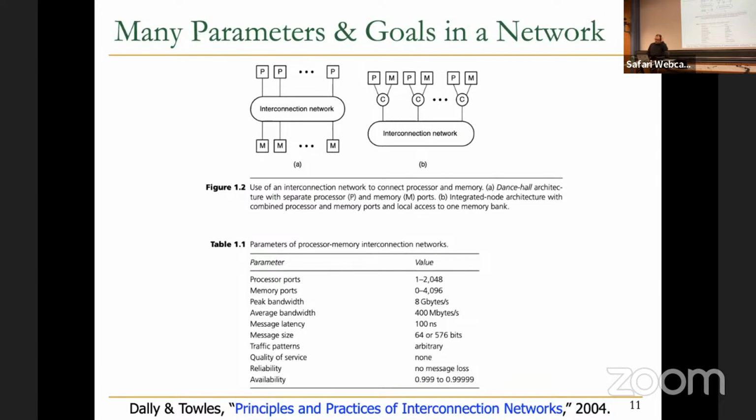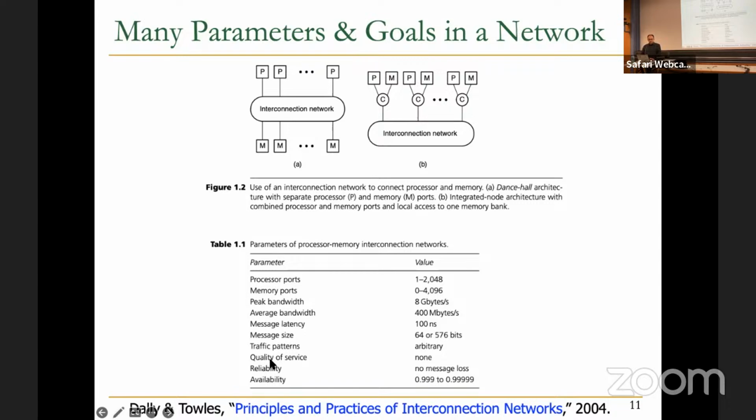So interconnect also involves a lot of parameters and goals when you want to design it. Here in this table, you can see there are many parameters: the number of processor ports, how many ports for memory you are considering, what should be the peak bandwidth, average bandwidth, message latency. Does your interconnect have quality of service or not?